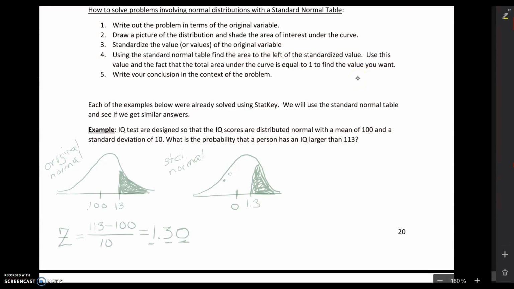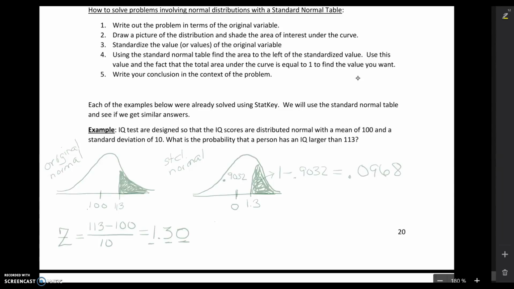If we go back to our picture, this says the area to the left is equal to 0.9032. But remember that the total area under the curve is 1, so the area to the right is equal to 1 minus 0.9032. Putting that in our calculator, we find that that's equal to 0.0968.